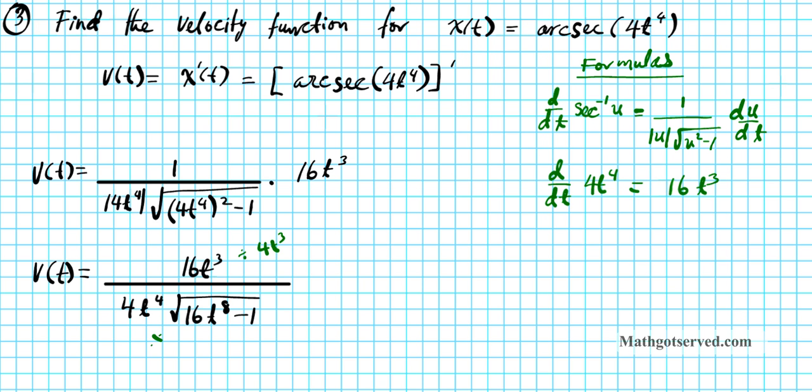If I do that, on the top I'll be left with 4, and in the bottom I'll be left with t times the square root of 16t to the eighth minus 1. So this is basically your velocity function given this position function x of t equals the arcsecant of 4t to the fourth power. So there you have it.